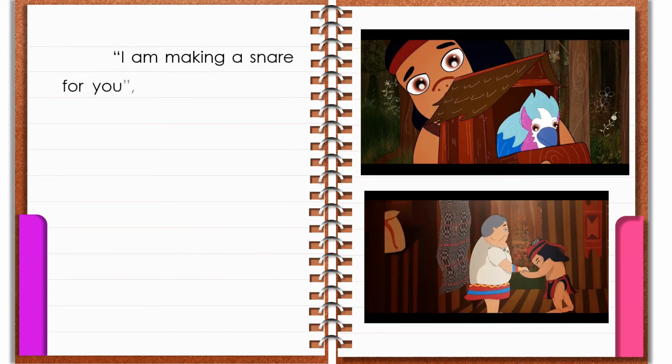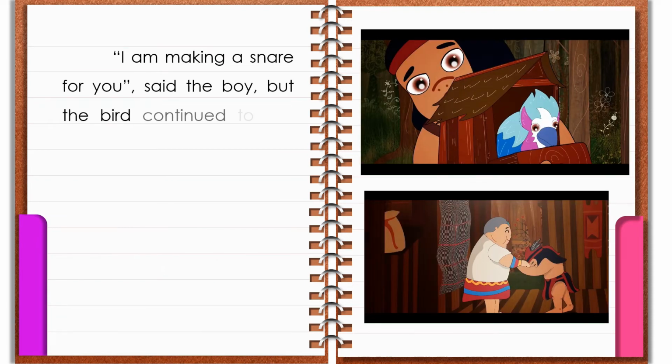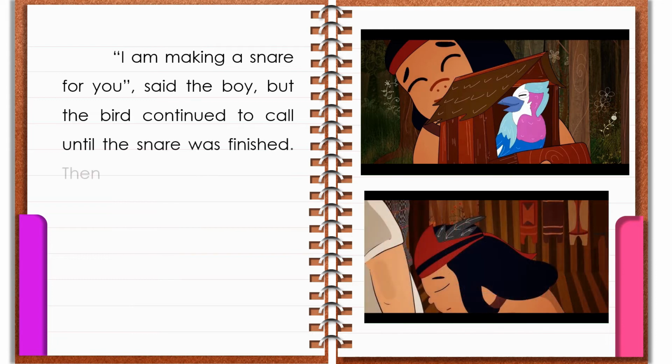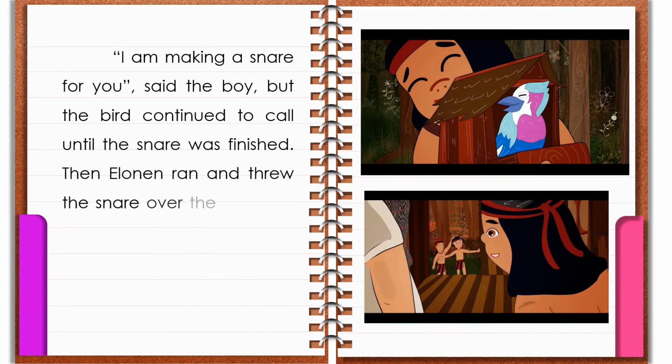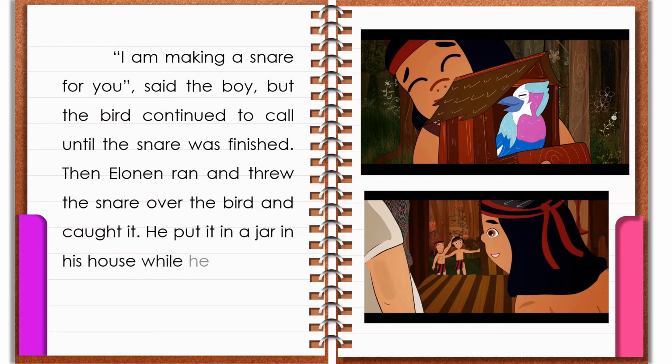"I am making a snare for you," said the boy. But the bird continued to call until the snare was finished. Then Alonin ran and threw the snare over the bird and caught it. He put it in a jar in his house while he went with the other boys to swim.